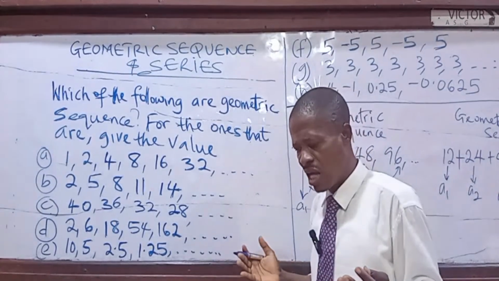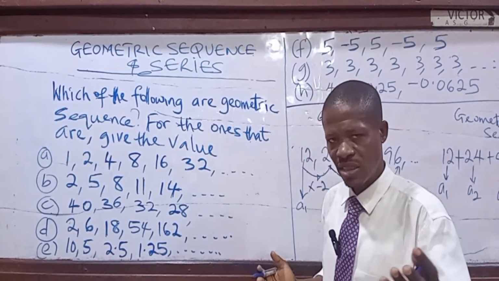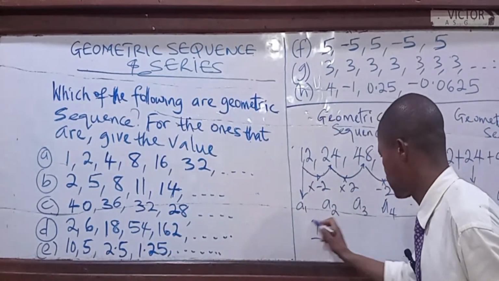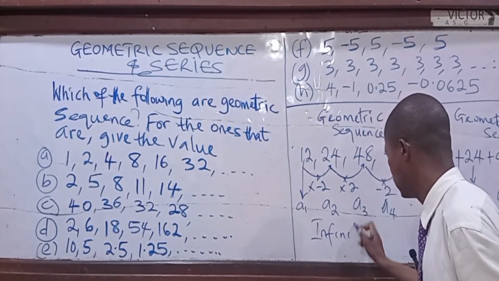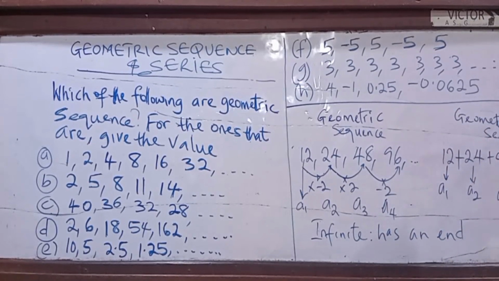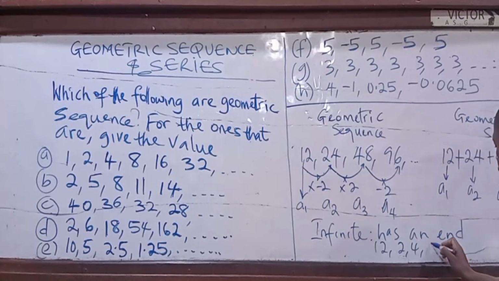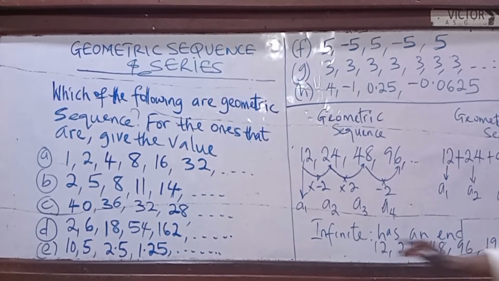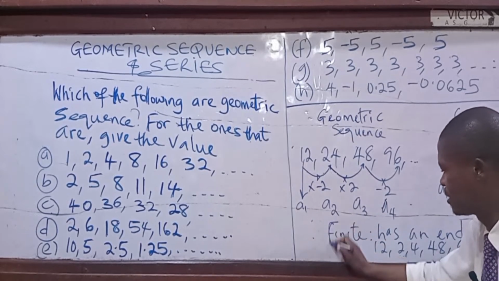Another thing we can note is that a sequence could be finite or infinite. A finite sequence has an end. For example, 12, 24, 48, 96, times 2 again, 192. That's an end, so this is a finite sequence.